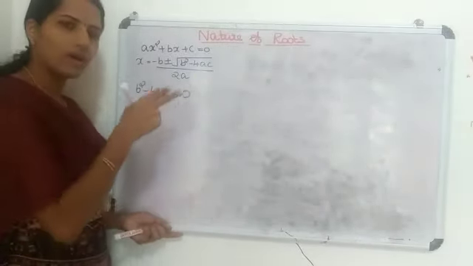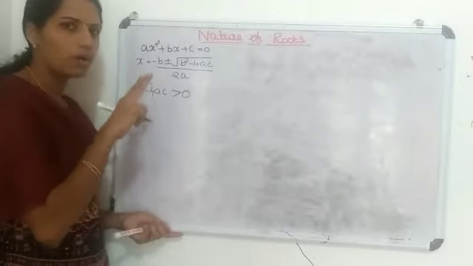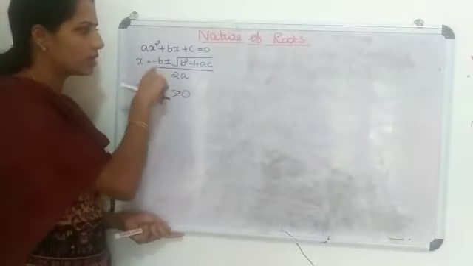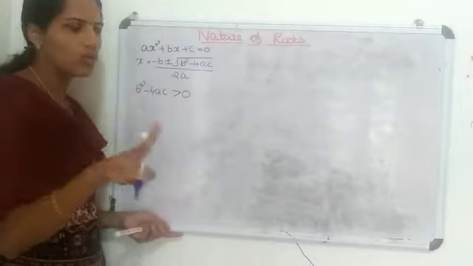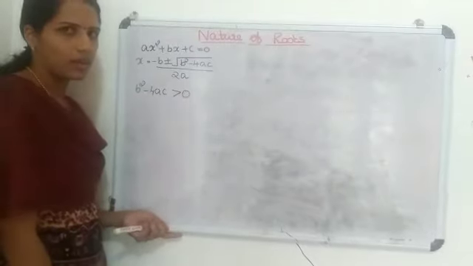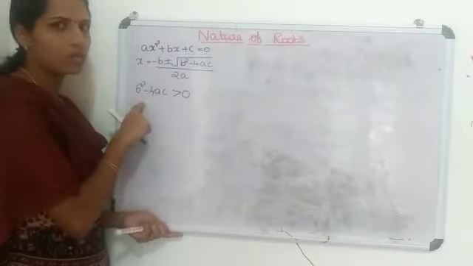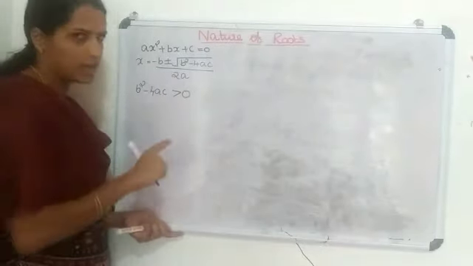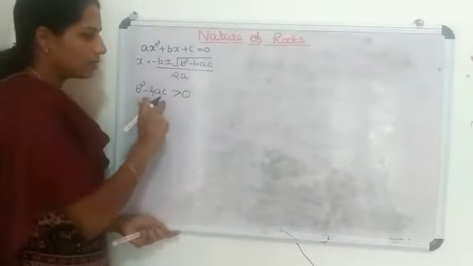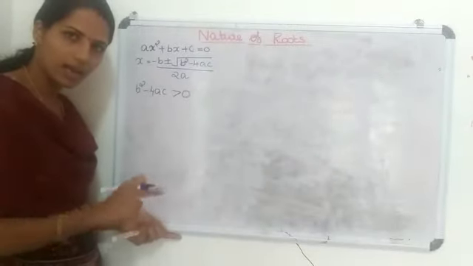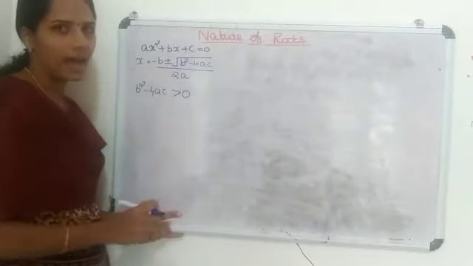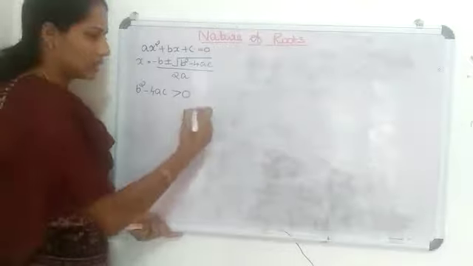We did all the problems like that, and whenever we did them, we got two values for x. So when b square minus 4ac is greater than 0, the equation has two distinct real roots.